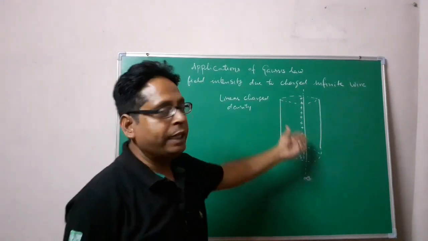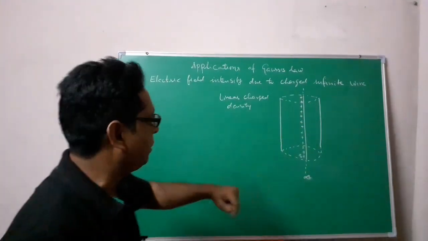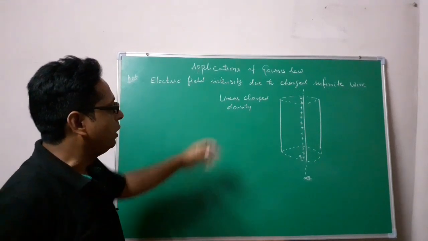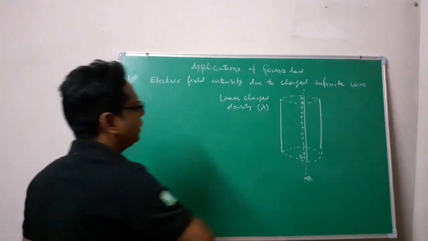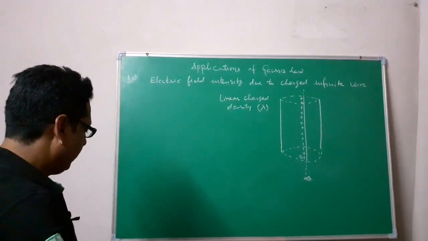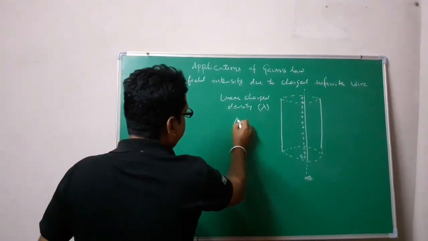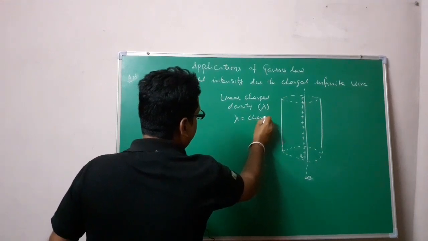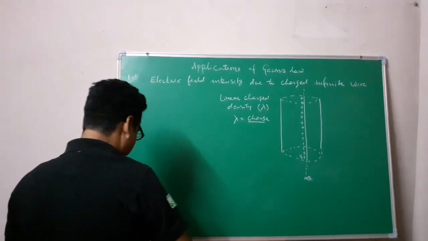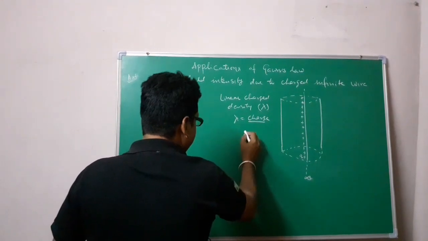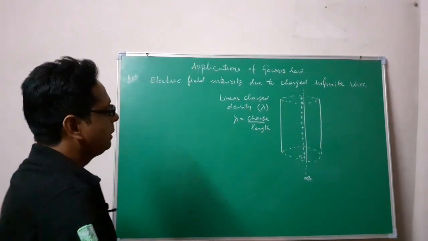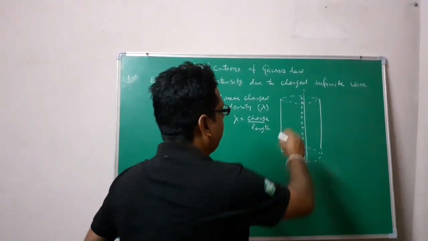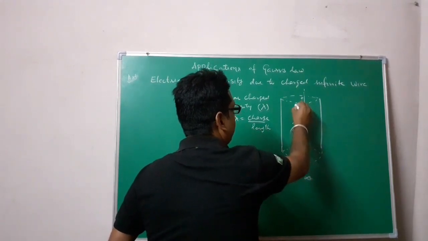Here, since the wire is cylindrical, lambda is the linear charge density. Lambda is equal to charge upon length. Suppose this wire has length L.